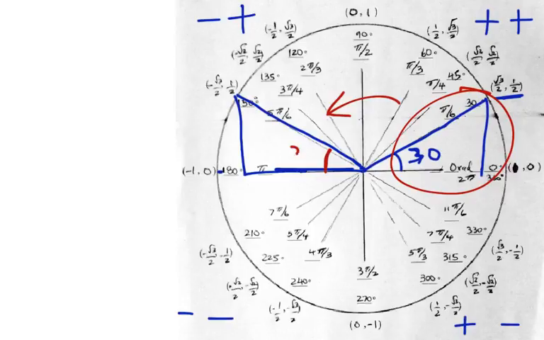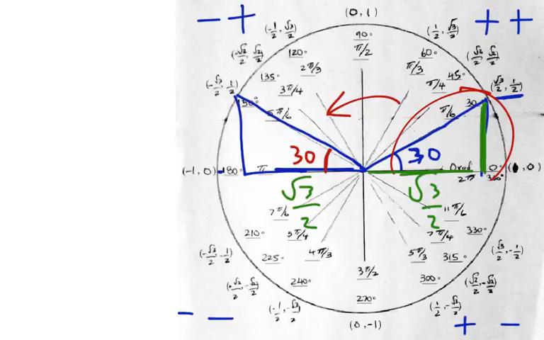Again, this angle is 30. Therefore, if for this triangle your base, your x value, is square root 3 over 2, then this one is square root 3 over 2. If the y portion, the short leg, is 1/2, then this is 1/2.